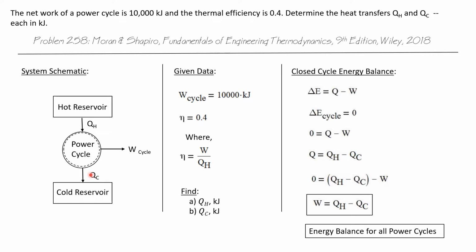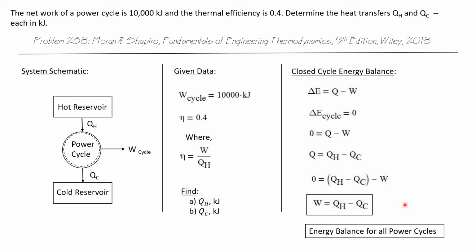On the other hand, Q sub C is transferring energy via heat transfer out of the power cycle. So when we add it to Q sub H, we have to add the negative. So the Q here in this energy balance is actually Q sub H minus Q sub C. So we'll substitute that, and now we have 0 is equal to Q sub H minus Q sub C, and then minus W. Rearranging this, we can say that work is equal to Q sub H minus Q sub C.